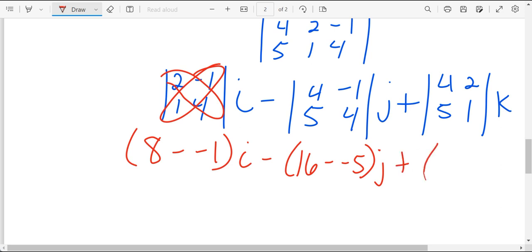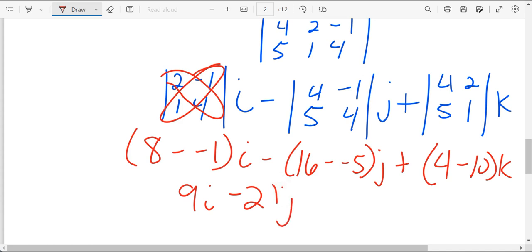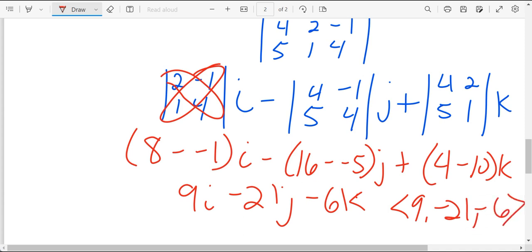Plus 4 minus 10, k. Giving me 9i minus 21j. And that's going to get us negative 6k. If I write it in component form, it'd be 9, comma, negative 21, comma, negative 6. There you have it. That would be the vector of the cross product of A and B.